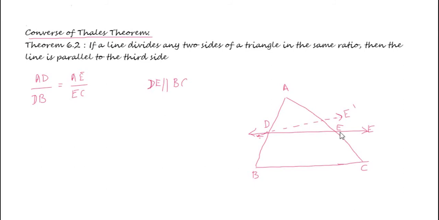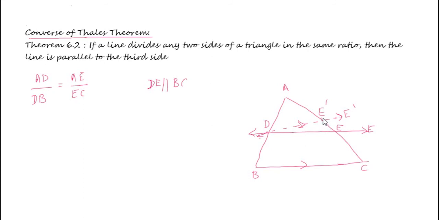Let us assume that DE is not parallel to BC. So let us draw one more line, DE dash, parallel to BC. Now from Thales theorem, if you draw a line parallel to one of the sides, cutting the other two sides, then it divides those two sides in the same ratio.